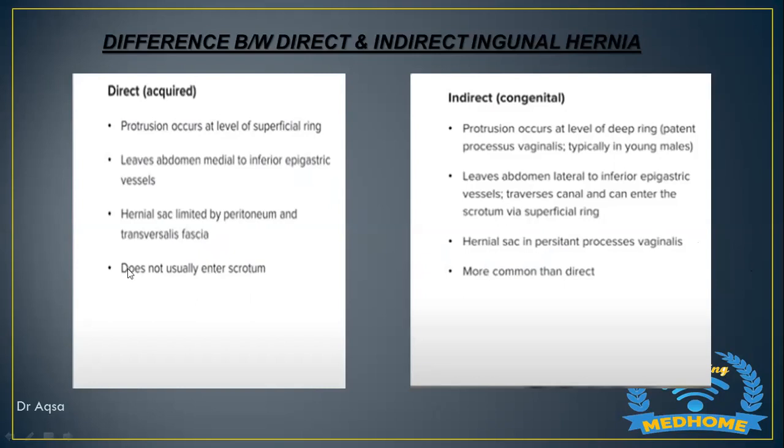Direct inguinal hernia does not usually enter the scrotum, while indirect inguinal hernia enters the scrotum via the superficial inguinal ring. Which is more common? Indirect inguinal hernia is more common than direct. Is it clear till here, the differences between direct and indirect inguinal hernia?